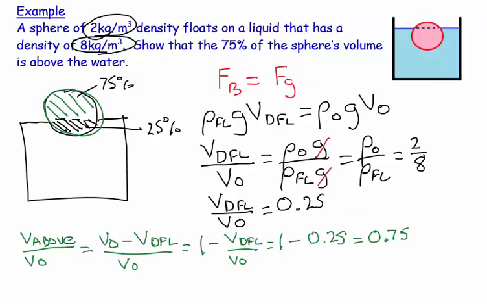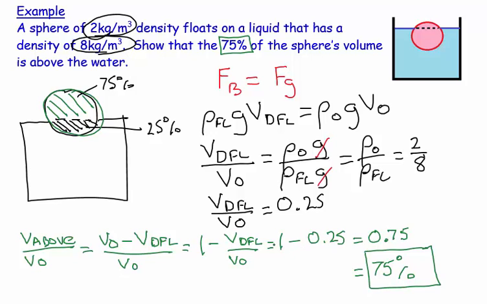That's the fraction of the whole volume that's above the fluid. And I can express that as a percentage. 0.75 of 1 is the same as 75 of 100. So that's 75%. And that's what I was asked to show.